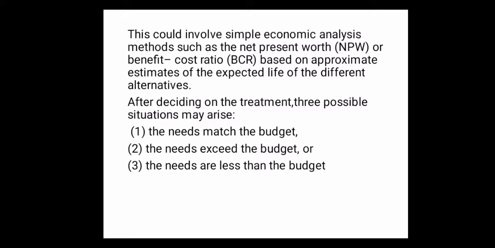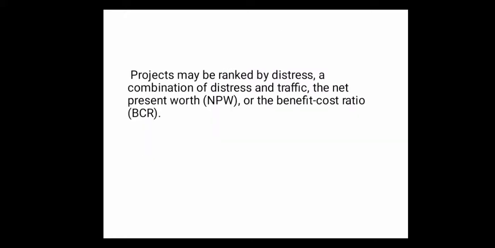There are several possible alternatives for ranking. Projects may be ranked by distress, a combination of distress and traffic, the net present worth, NPW, or the benefit cost ratio, BCR. Sections are then selected until the budget is exhausted.